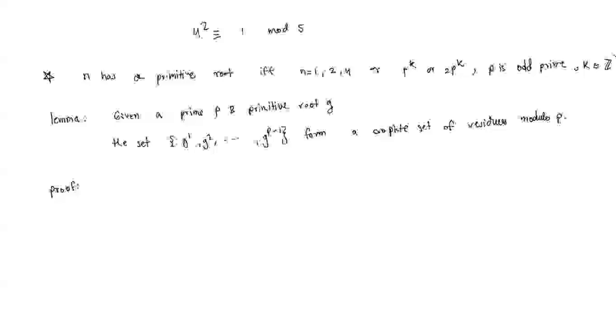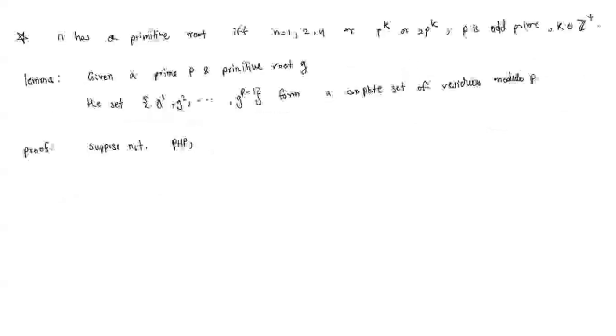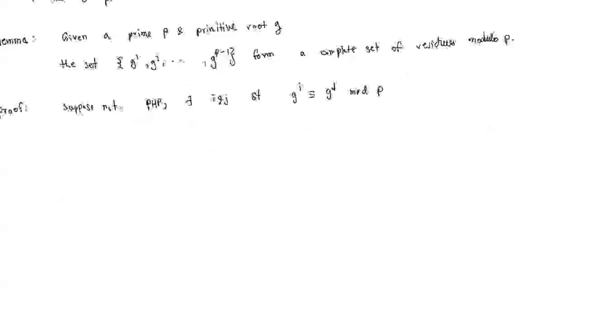So we can do it like this: suppose not. Then by the pigeonhole principle, there exist I and J such that G to the power I is congruent to G to the power J mod P, and I is strictly less than J, strictly less than P. Then what do we get?